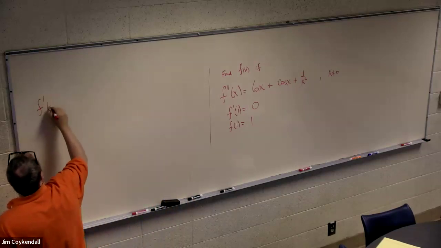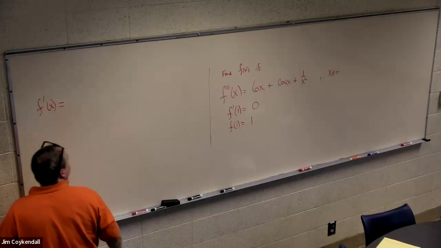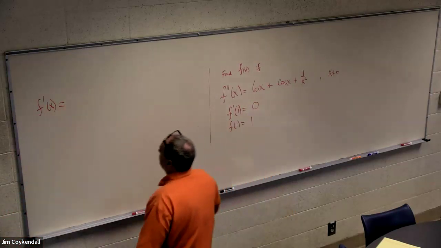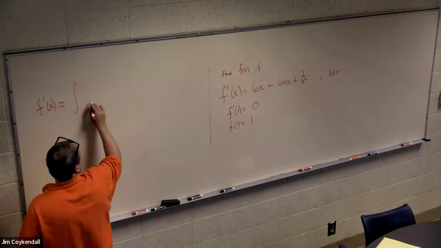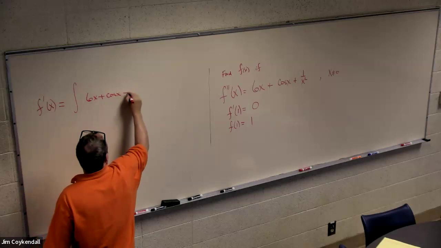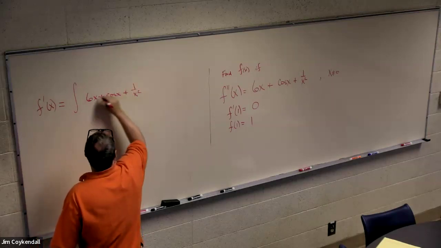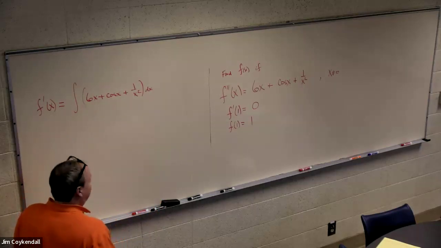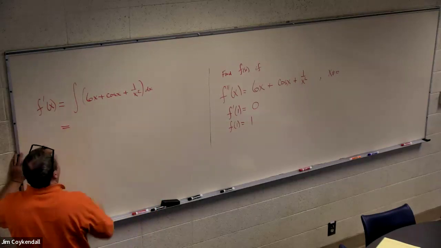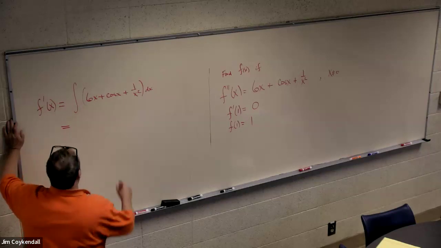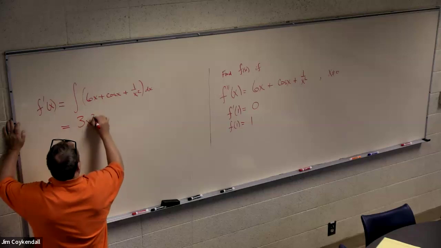F prime of x should be an antiderivative of this. So what's your favorite antiderivative? 6x. Cosine.